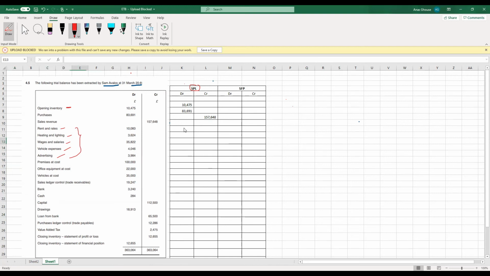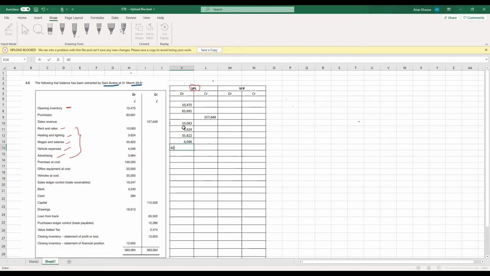Okay, so let's include these balances here. Basically, it's not aligned. It's okay, I'll just put it here. 10,083, then 3,624, 35,822, 4,046.